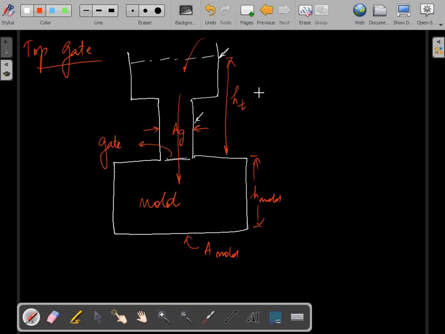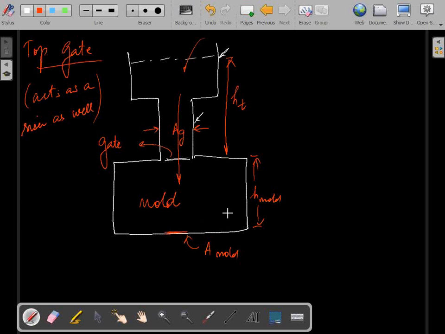Now top gate in this configuration will act as a riser too. It will act as a riser as well. Now what happens is, when the mold is completely filled, the solidification will start from the bottom up.